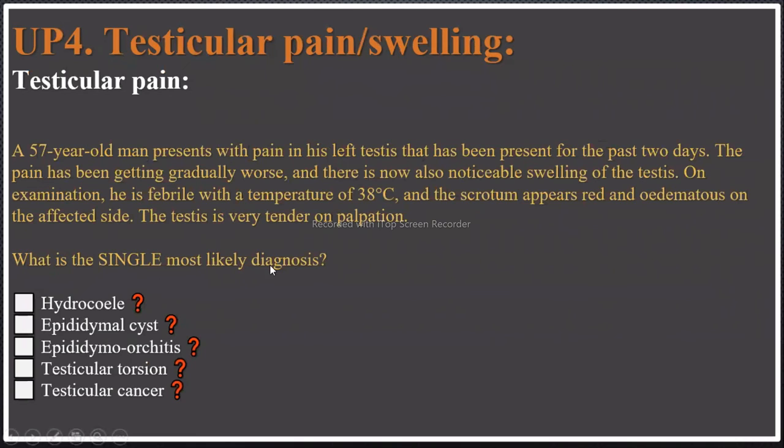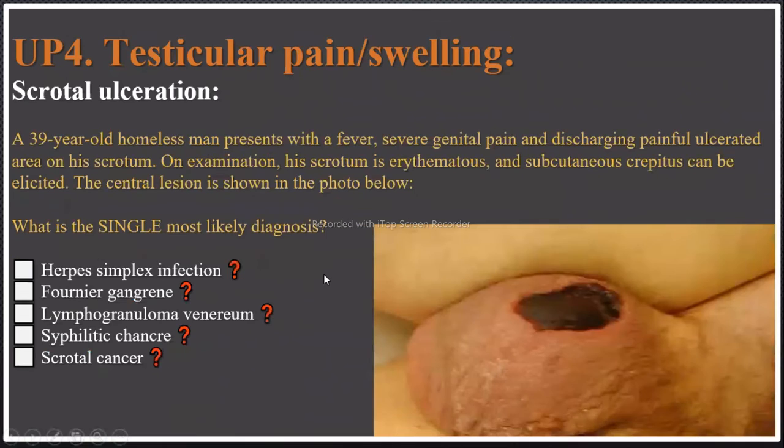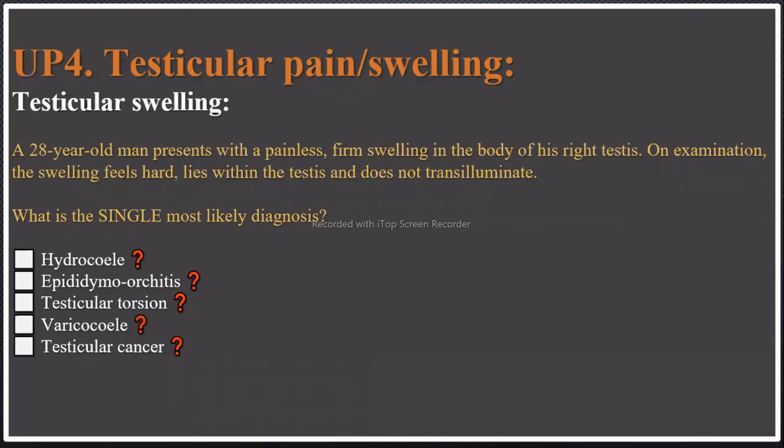What is the single most likely diagnosis? Epididymo-orchitis. Okay. Fournier's gangrene, option D. Excellent. Single most likely diagnosis. Testicular cancer.